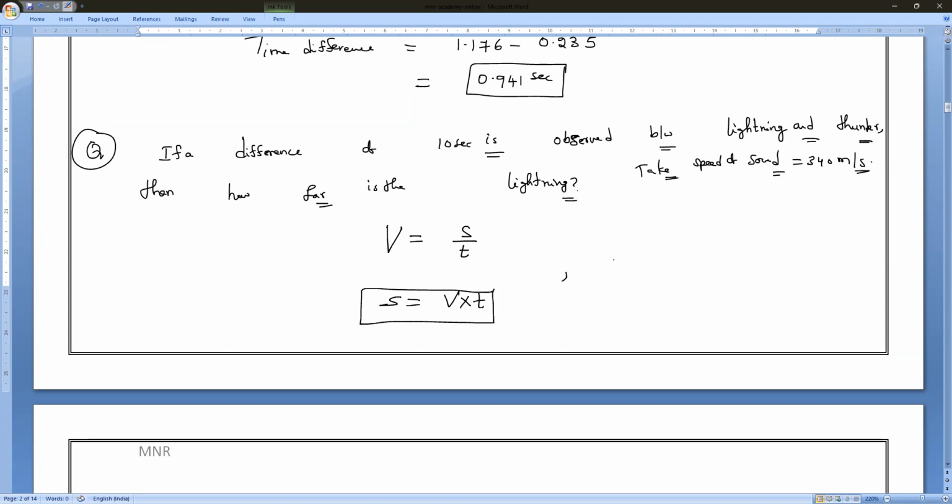So distance is equal to speed, 340 meter per second, and time is the time difference, 10 seconds.